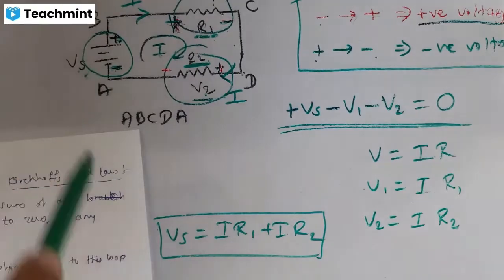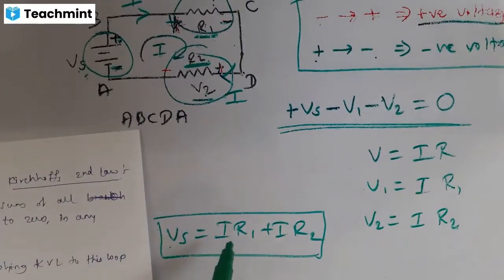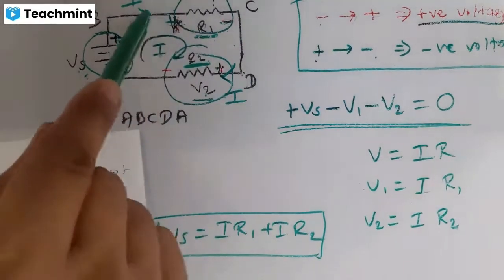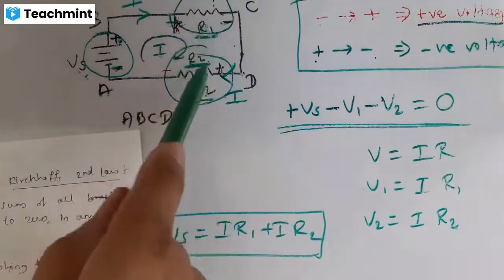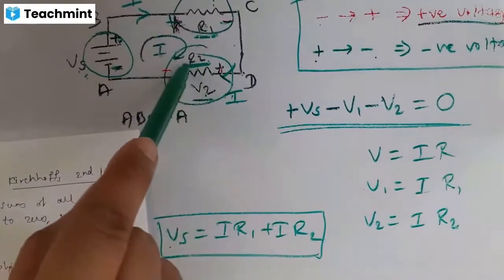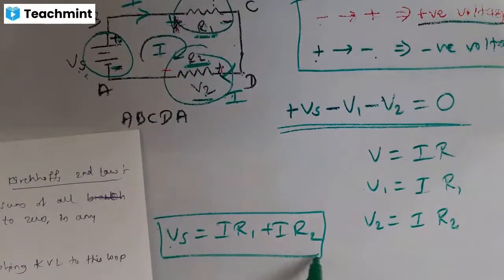That source voltage Vs equals the sum of IR products. IR products in the sense current into resistor plus current into resistor. Another definition we can say: in any closed path, the voltage of the active element equals the sum of IR products across the passive elements. Like that also you can do.